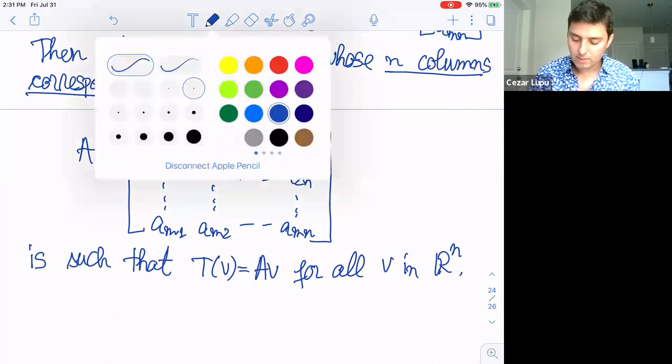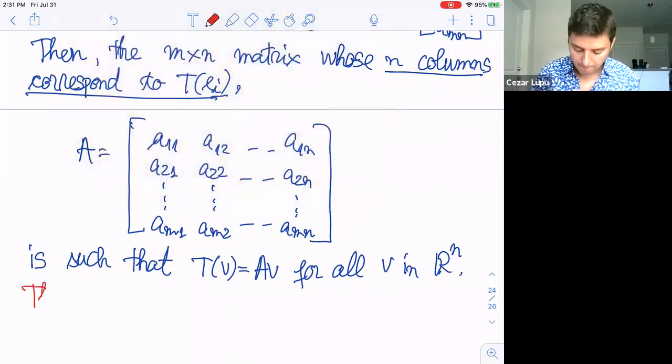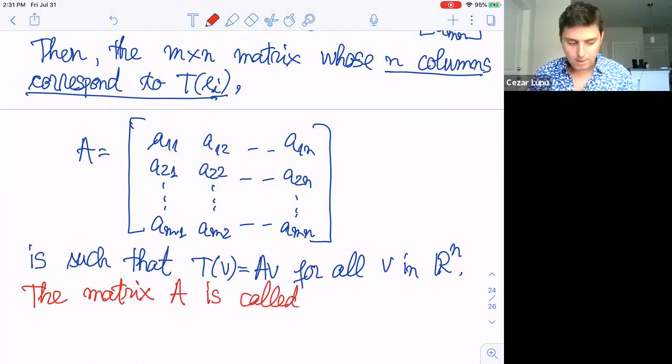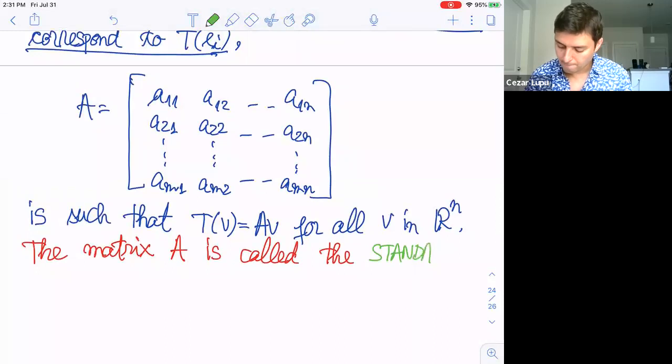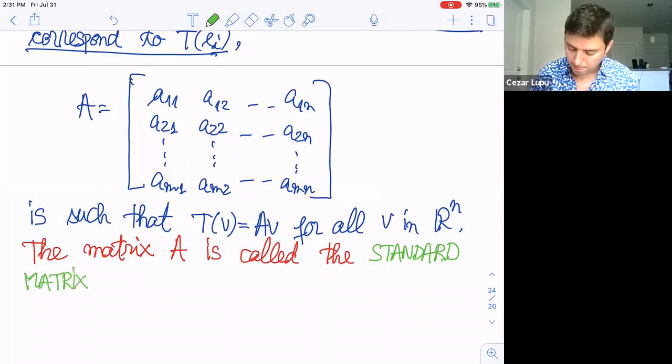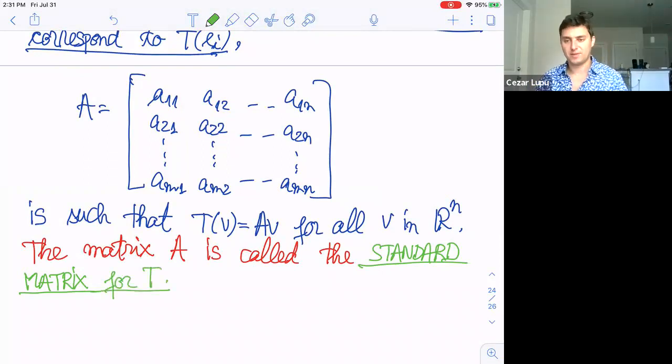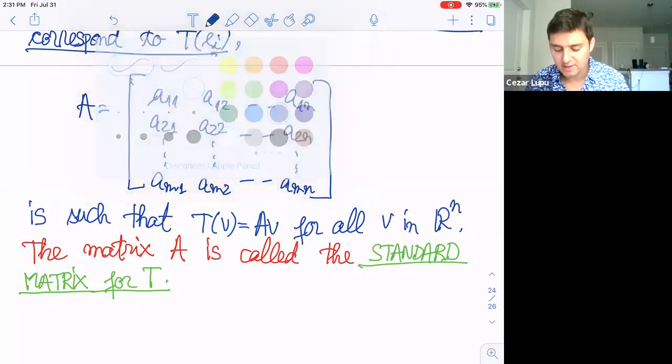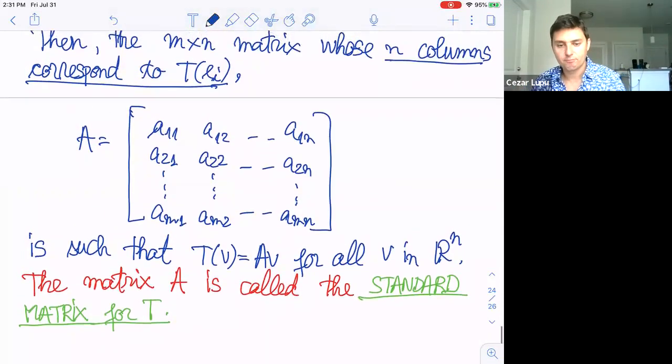In other words, the matrix A is called the standard matrix for T. That's the standard matrix for my linear transformation T. In other words, if I would go back to my example, is it clear, Liliana?